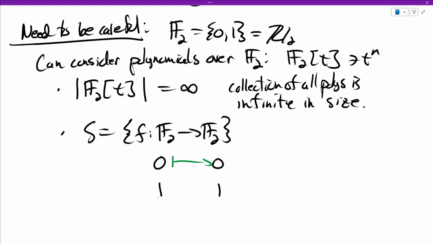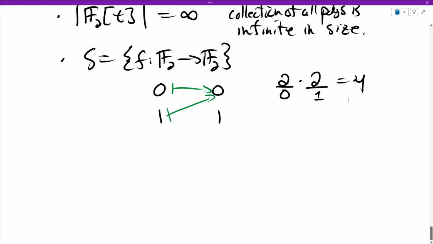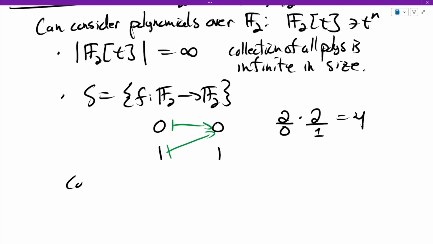How many options do we have for sending 1? Well, we could send 1 to 0, or we could send 1 to 1. Either is fine. So if we were to do a counting method, 0 has 2 possible outputs, and 1 has 2 possible outputs, for a total of 4 different ways of sending 0 and 1 over to 0 and 1.